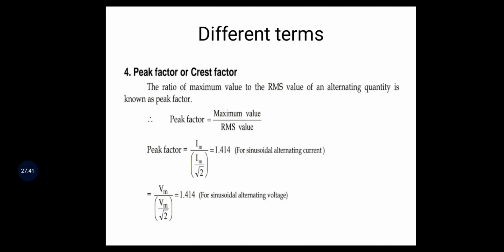That means 1.414. Or in terms of voltage also, it equals Vm by root 2, which is also equal to 1.414.